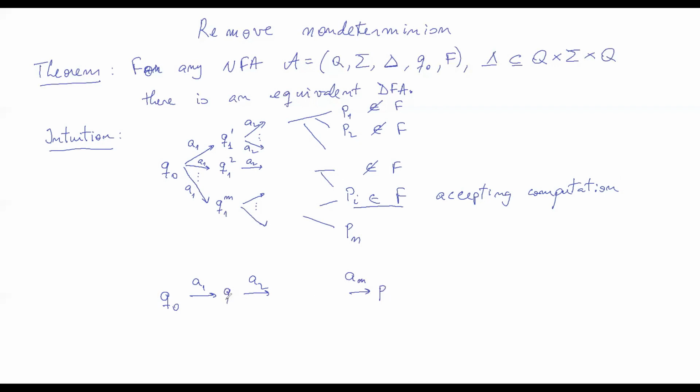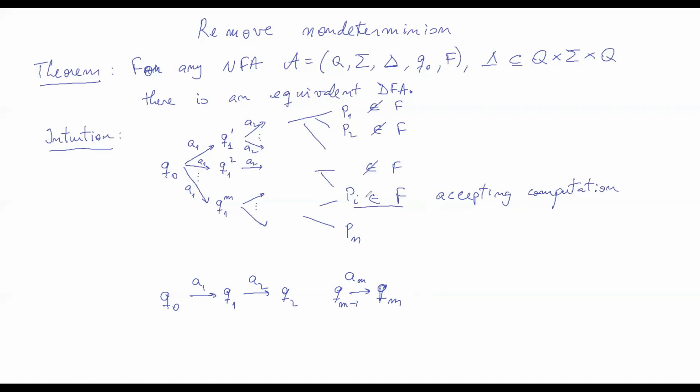So there is maybe state Q1 and state Q2 and state Qm minus 1, and maybe here is state Qm, something like that. And you would like to have this be an accepting computation if and only if one of these many possible computations was reaching a final state.